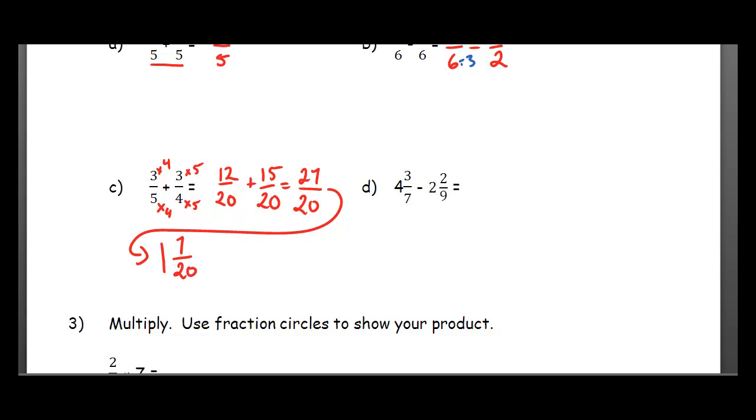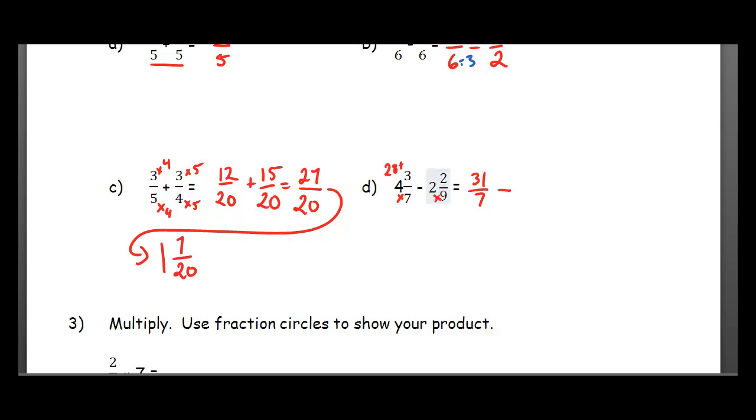Alright? Then this final one, 4 3/7 minus 2 2/9. First thing I'm going to do is I'm going to convert them to improper fractions. I'm going to go 4 times 7 is 28 plus 3. And that equals 31/7.